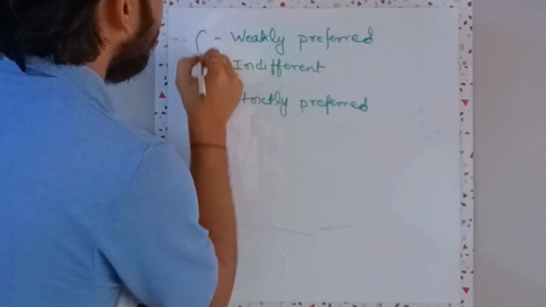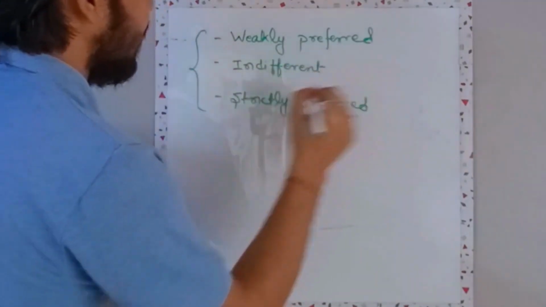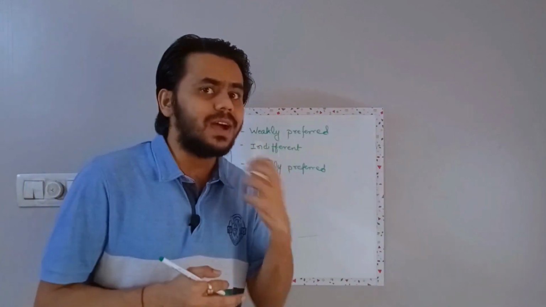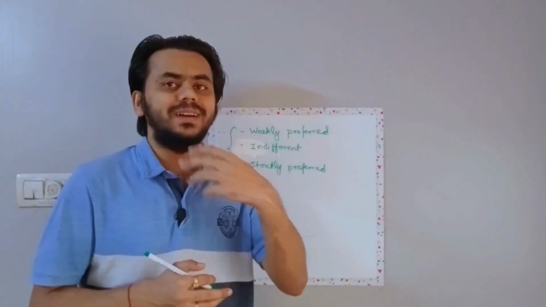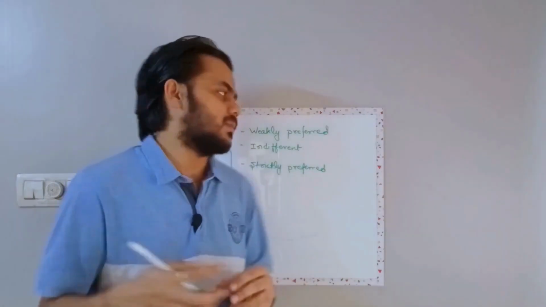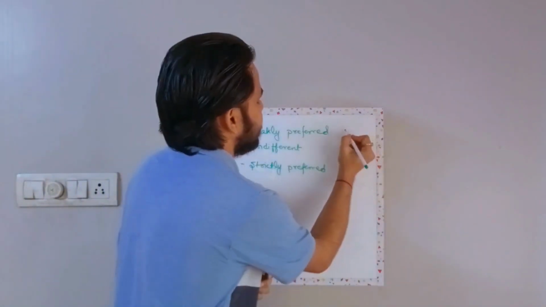Now, what is the meaning of these: weak preference, indifference, and strict preference? When I say I weakly prefer a consumption bundle over the other, what I mean is it's like a greater than or equal to kind of thing. So what we will write here is like this.